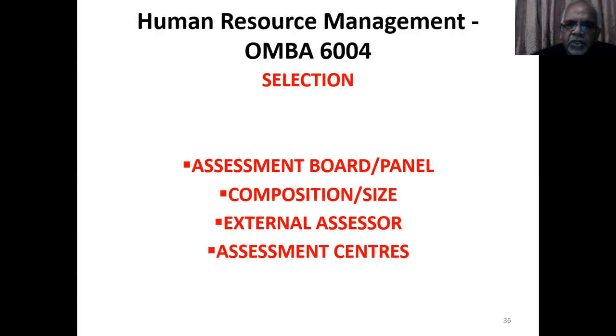We also have to decide on the size of the assessment board or selection panel. We also have to give consideration as to whether we need an external assessor in case this is required, because for some positions we need specialized expertise.